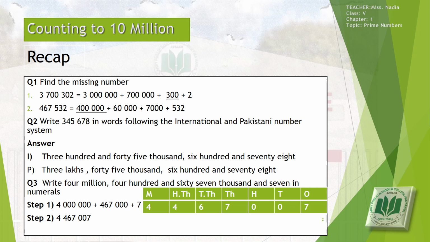Again the digit 4 is in 100,000 place. Then we have the digit 6 in 10,000 place, 7 in 1000 place. 100 and 10 digits are missing, so we will put 0 in these places. And 7 is in ones place. So the number is 4,467,007.